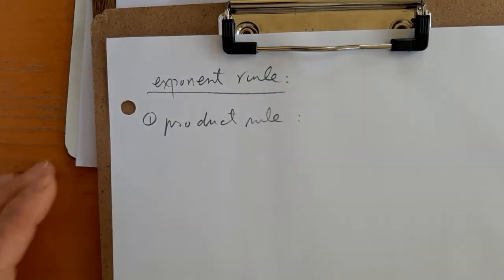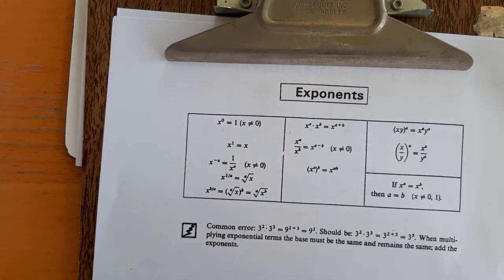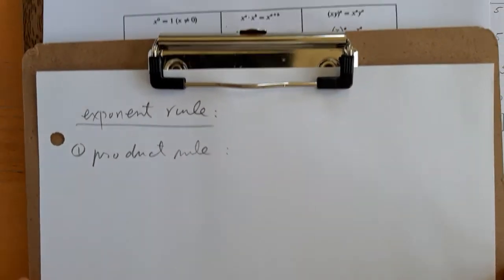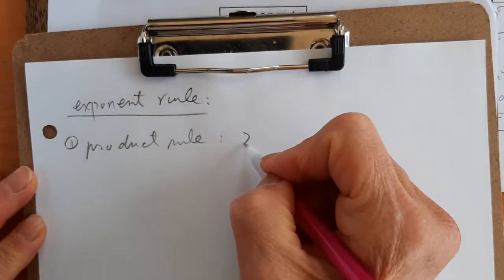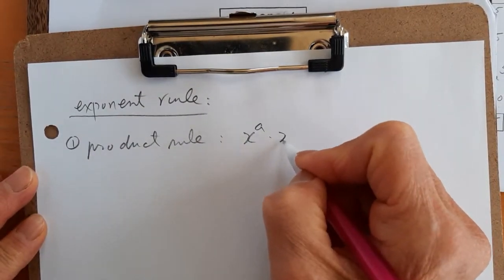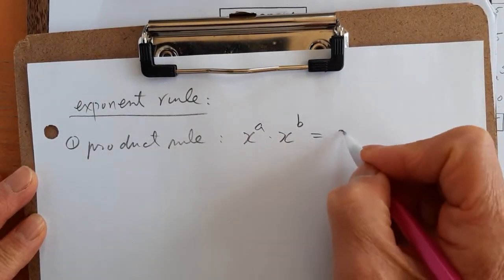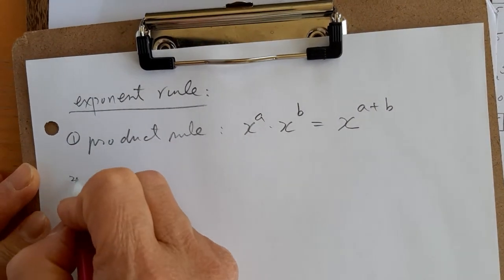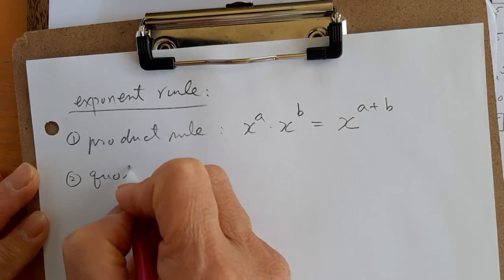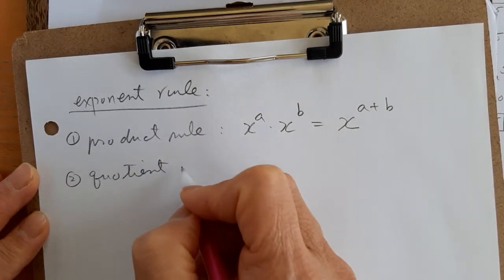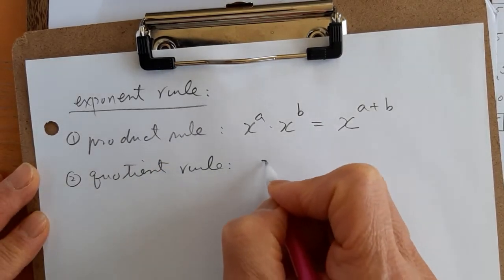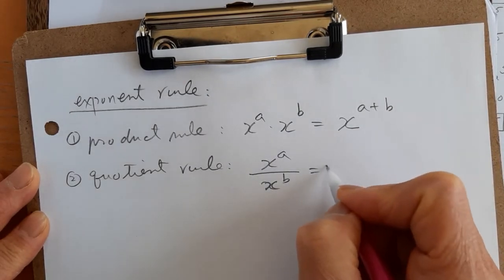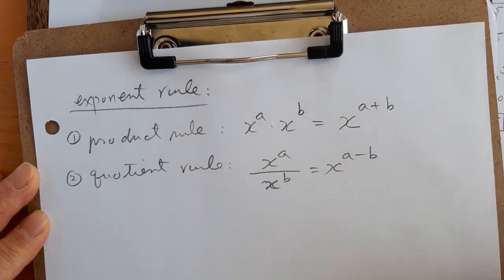Here, x to the power a times x to the power b, the same base x, you add the exponents. The second one is the quotient rule: x to the power a over x to the power b, then you subtract the exponents, a minus b.